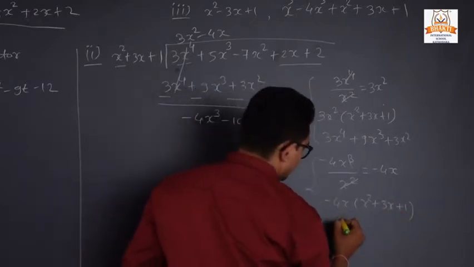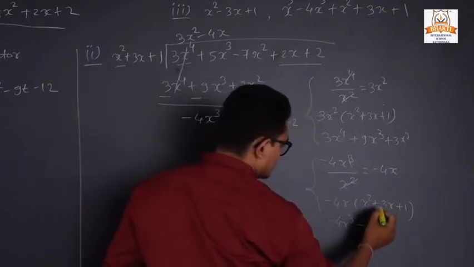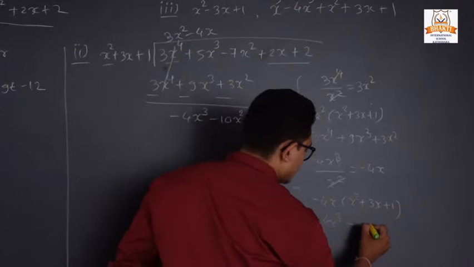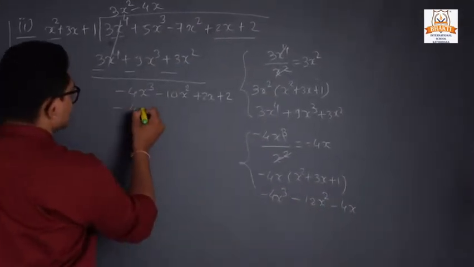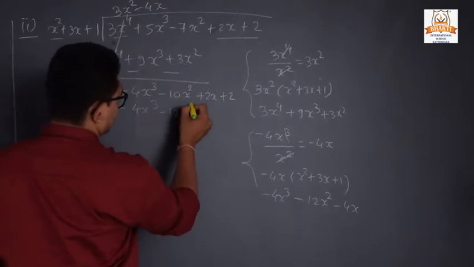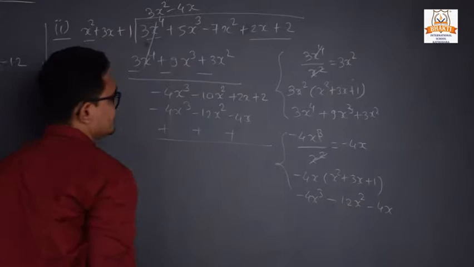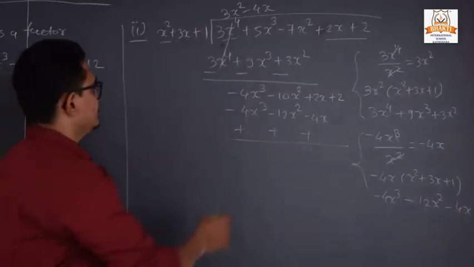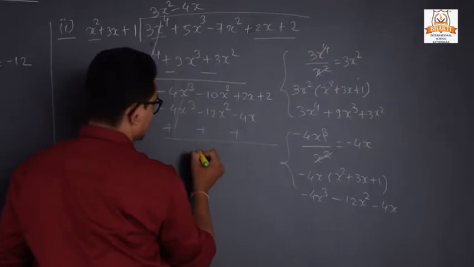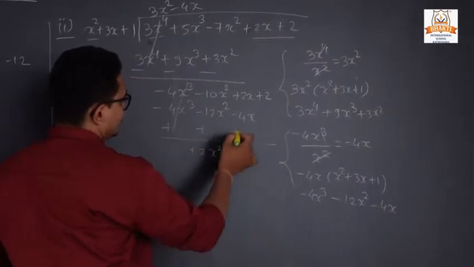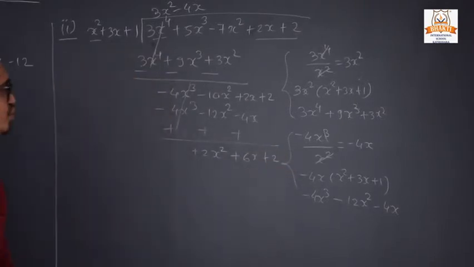So minus 4x cube, then plus minus minus, 4 3s are 12x square, minus 4x. Once again we change all signs. Next, these both are cut. Now plus minus minus, so plus 2x square, then plus plus, so it will be 6x plus 2.